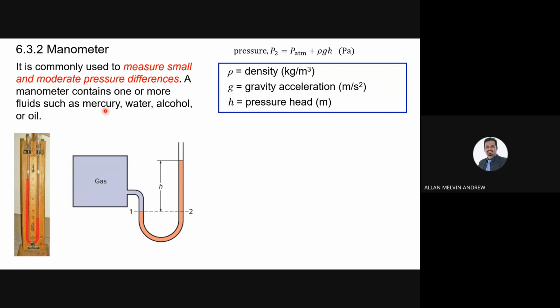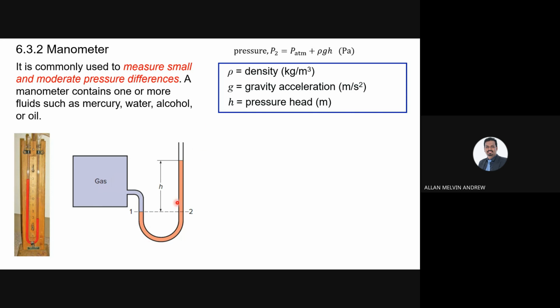Like the barometer earlier, where we wanted to find atmospheric pressure, the manometer is used to find pressure differences, because we have two points, point one and point two. We want to find the difference of pressure. Let's say in this case we have a gas, and we have a manometer here.